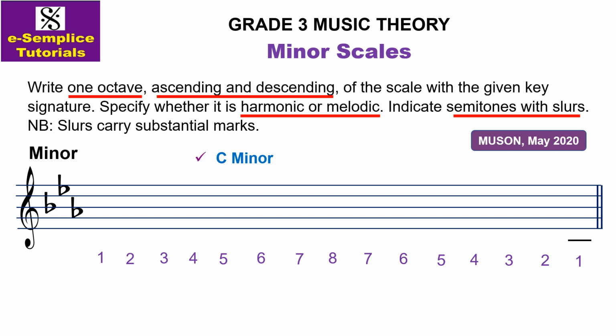So let's start here at the most appropriate point or location or position to start an ascending scale with this clef, which should definitely be middle C. So that's where our first C would be, and then we proceed until we get to the 8th note.